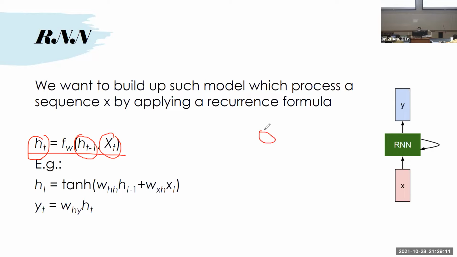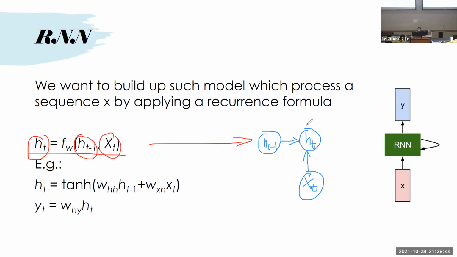Let me draw it better: one hidden node at t-1 moves into the next. So this is the recurrent unit structure.